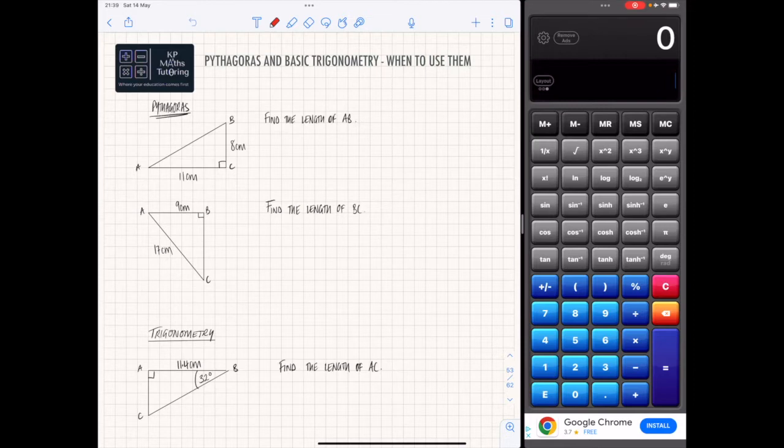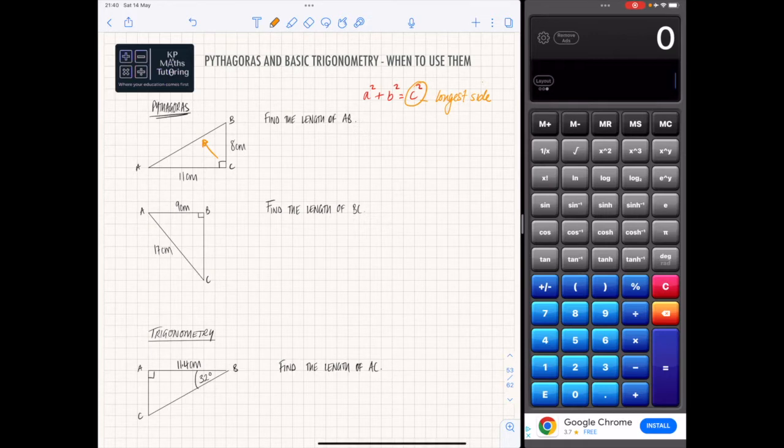Now hopefully what you know, or if you don't know it, here's the formula. A squared plus B squared equals C squared. C is always the longest side. It will always be the longest side of a right angle triangle, and that side will always be diagonally opposite to the right angle.